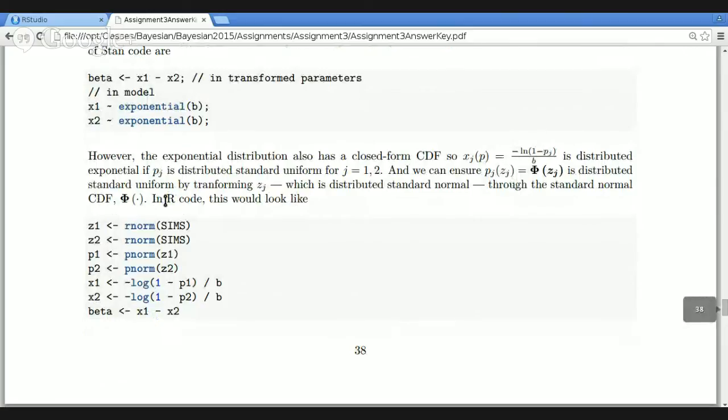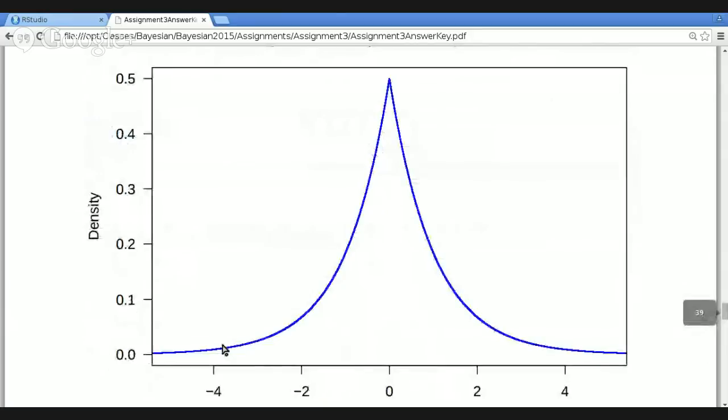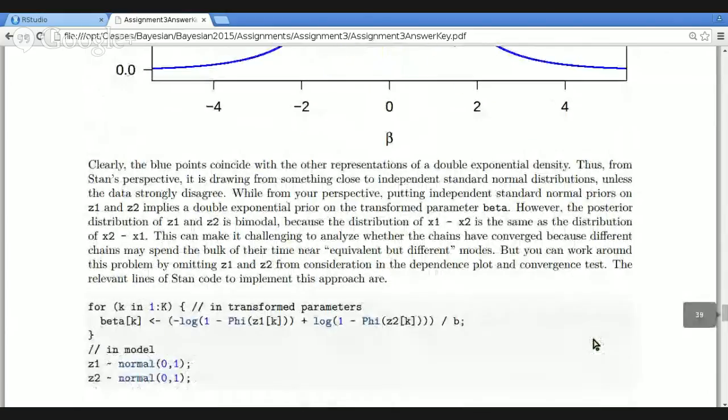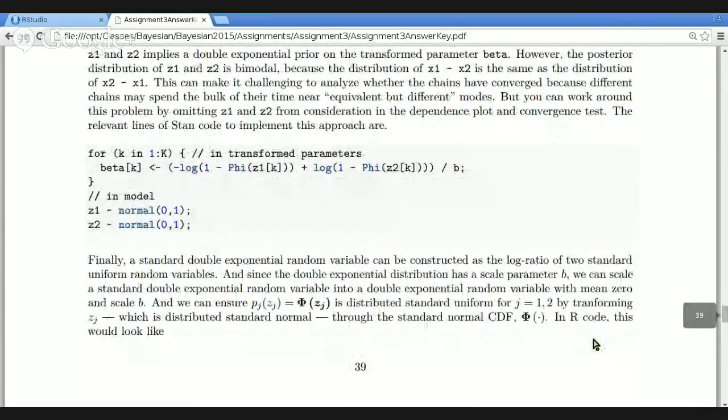So you could do the same construction: take draws from a normal distribution, put them into the standard normal CDF to get draws from a uniform distribution, use the inverse CDF function for the exponential distribution to create x1 and x2, and then subtract x1 from x2 to get a distribution of beta that is again going to have this same shape here, but again is going to suffer from the same problems when you do it in Stan due to the multimodality of the distribution.